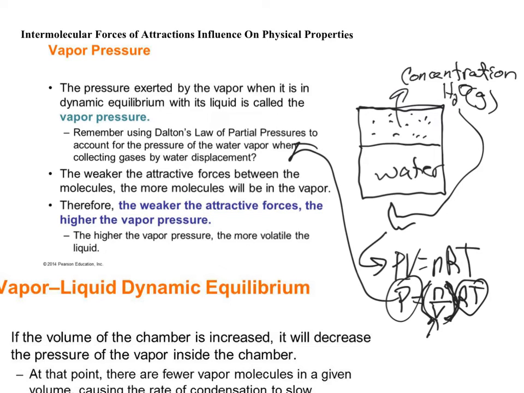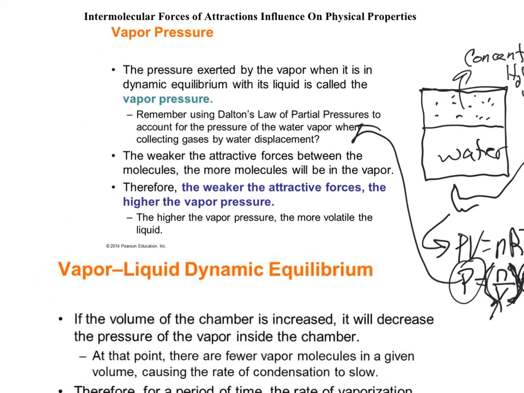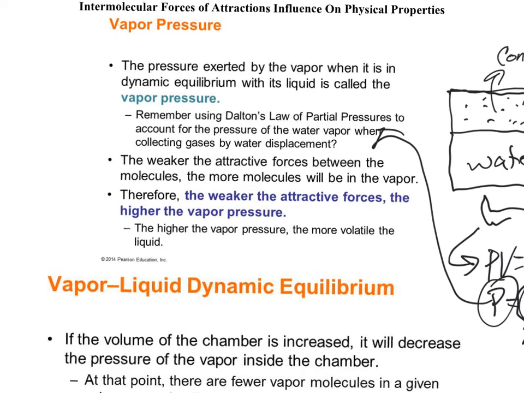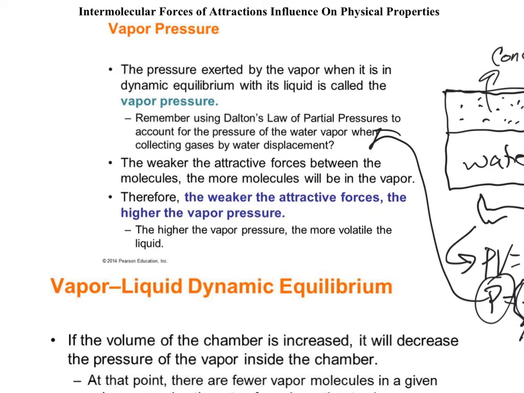Now you can imagine, and I'll risk repeating myself over and over again, because I think that's a helpful thing to do when you're learning something, that the weaker the forces in the liquid holding the molecules together, the higher the vapor pressure, and the more particles there will be above the liquid.